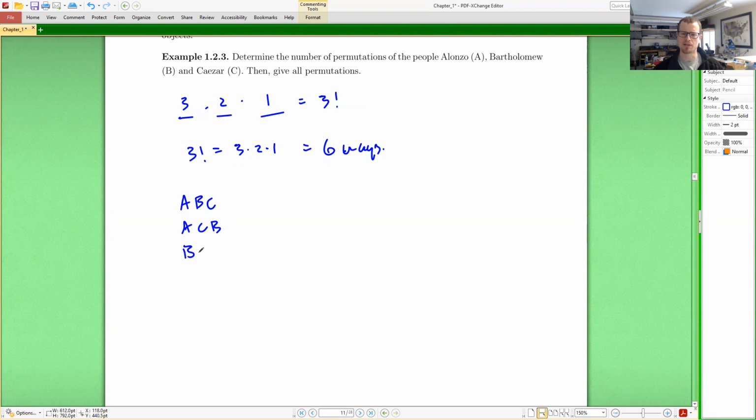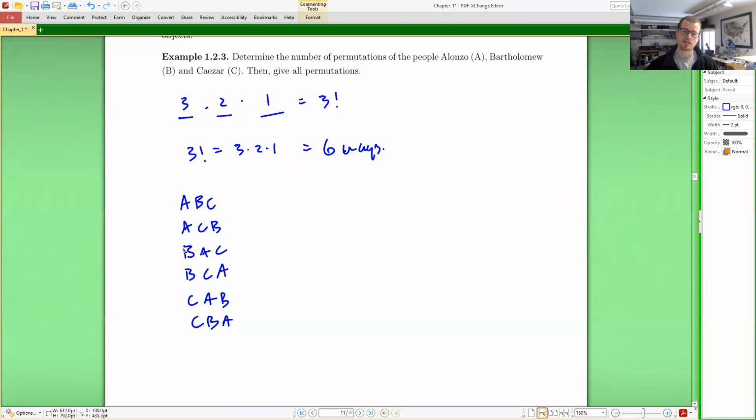I could do B, A, C, and B, C, A, and C, A, B, and C, B, A. There we go. How did I decide to do all of those? Well, mostly just alphabetical order, right? Starting with all of the permutations that start with A, B, C, alphabetical order. And then the only thing I can do is swap these 2.